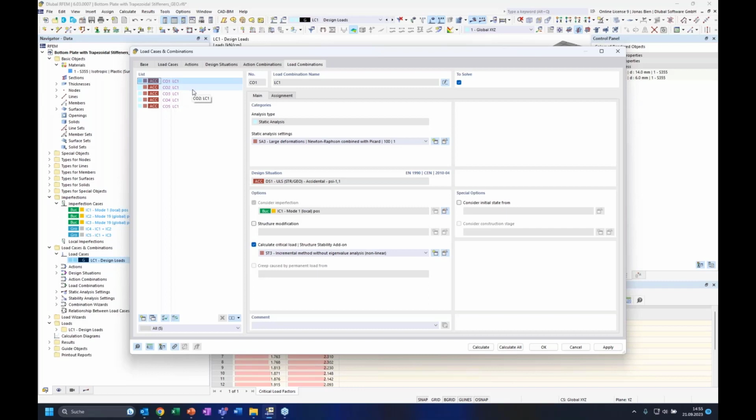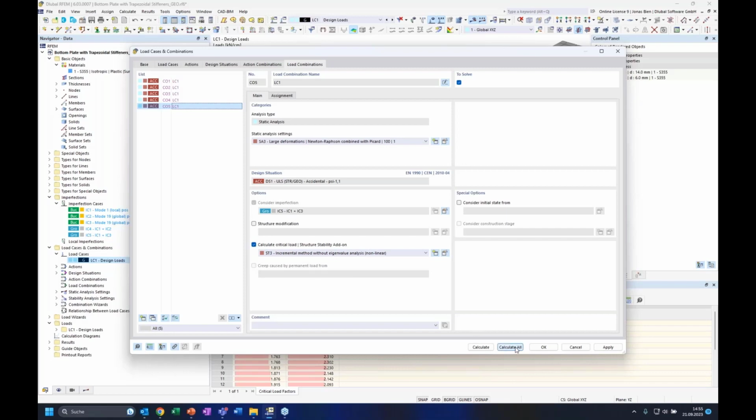So I would now have 5 different load combinations, all based on load combination 1, but with different imperfection settings, and of course all with the nonlinear geometric analysis options and the incremental stability analysis.